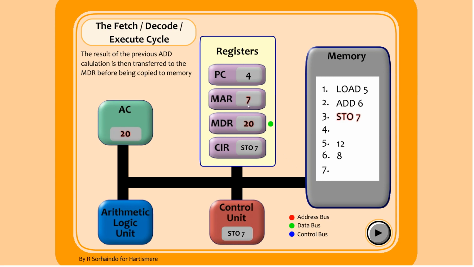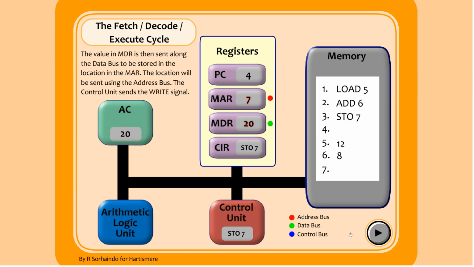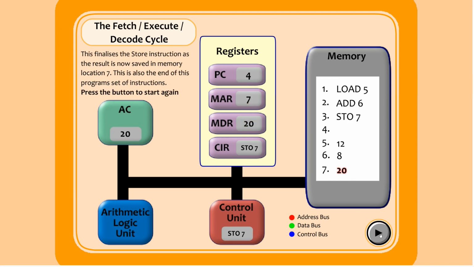The data to go into that address is 20, and the instruction is to store. So store in address 7 the number 20. Goes down the address and data bus, and there we go. In 7 we've got 20. This finalises the store instruction and the result is now saved in memory location 7.